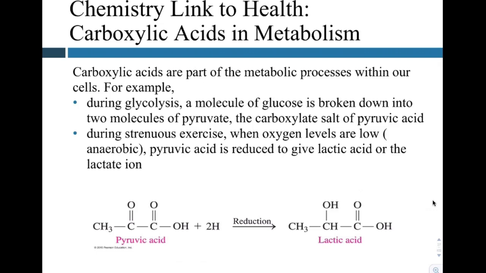Here, you don't need to know which one it will choose, but we're losing this bond to oxygen and gaining 1 hydrogen here. And if I lose a bond with carbon, I've got to gain a bond, right? So I'm gaining a hydrogen here. Those are my 2 hydrogens going here to make lactic acid.